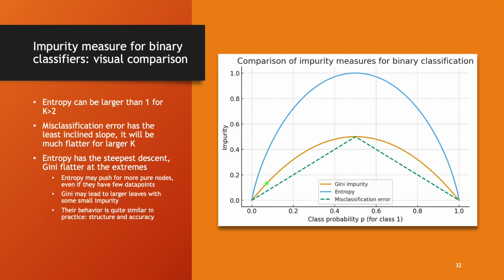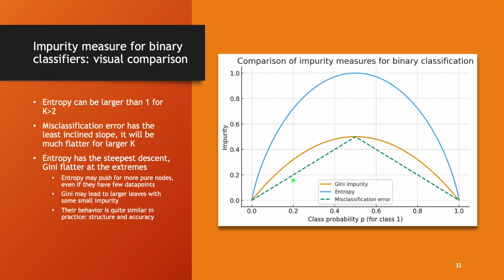So Gini impurity, I mean, if you build it all the way, surely it's going to give you pure nodes, but if you stop early the construction of the decision tree, the Gini impurity might lead to larger leaves that still have some small impurities, not as drastic as the entropy to push to pure nodes.